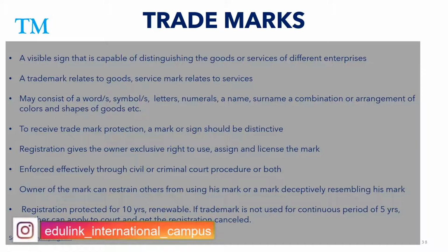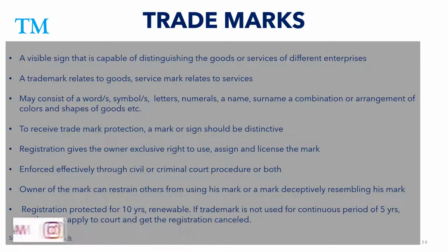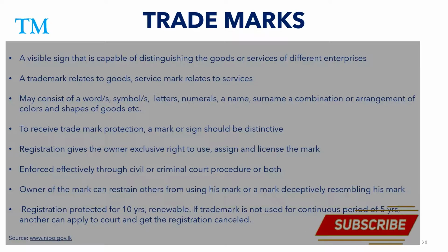You can go on like that. But if you don't use that trademark for a continuous period of 5 years, then if someone else wants to use it, they can apply to court and get that registration cancelled, and they can commence using it.